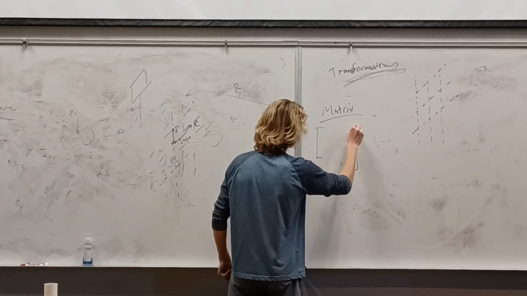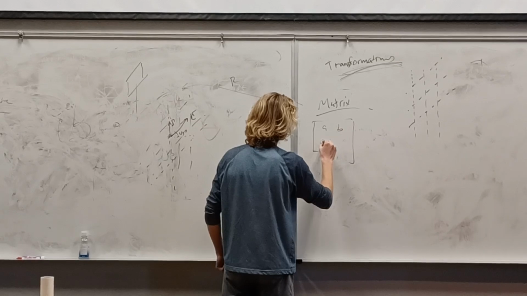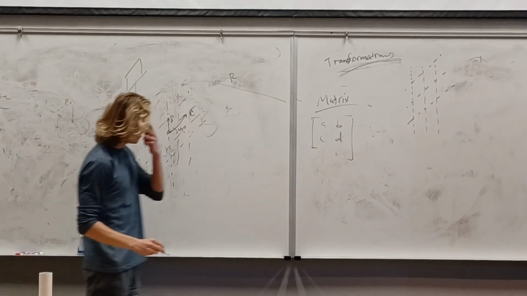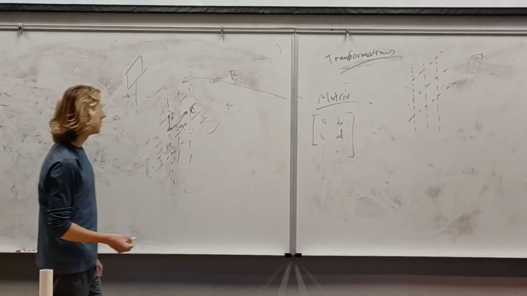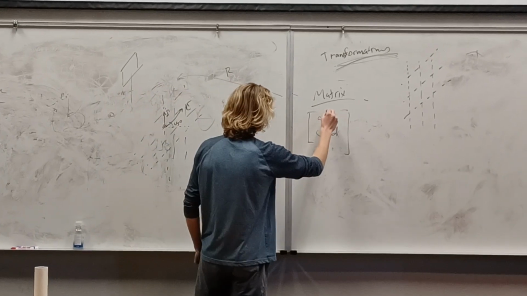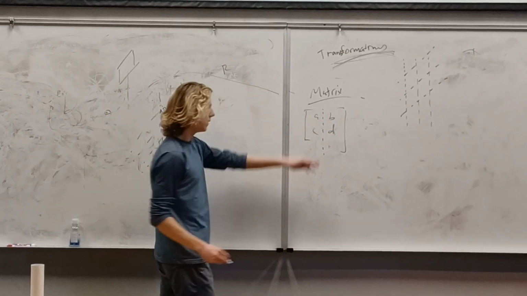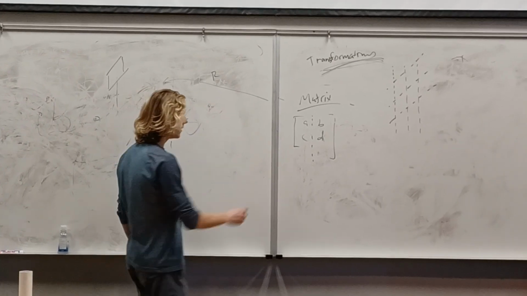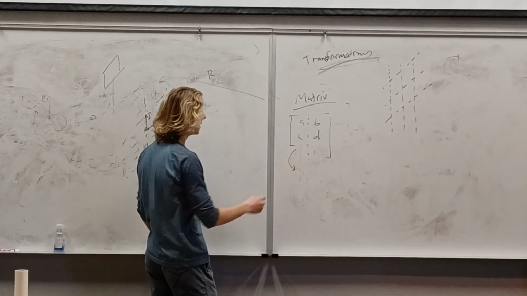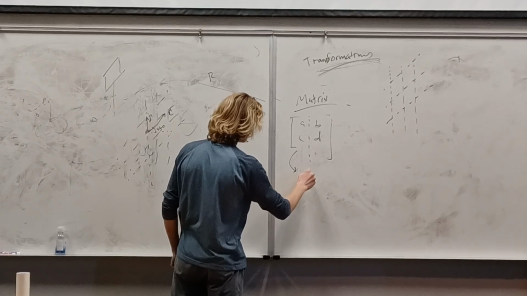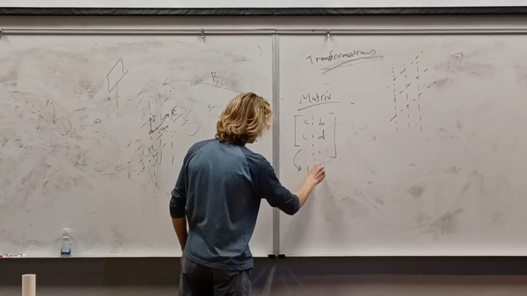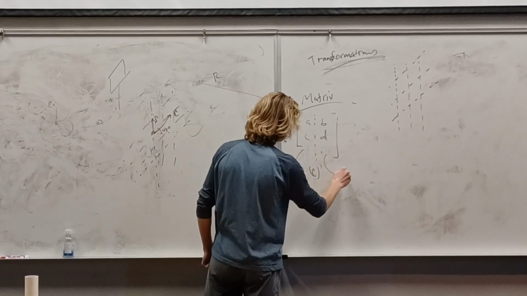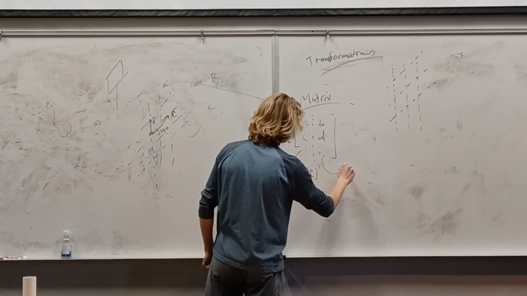So it's a set of 4 values, A, B, C, and D. What these 4 values represent is, I'm going to draw a little line in between, so we just take a look at the first part, the left part here. A and C tells us where our new i hat is, so i hat prime. And the right part tells us where our new j hat is, so j hat prime.